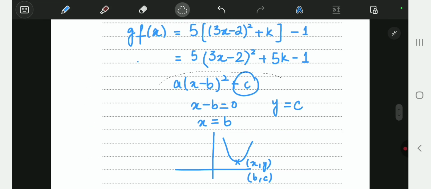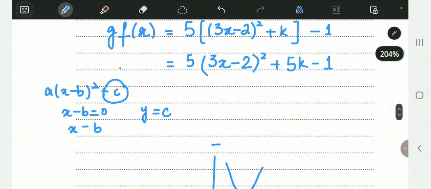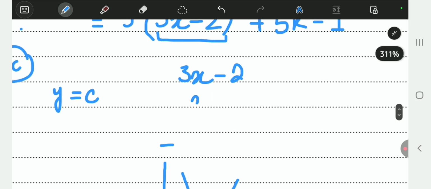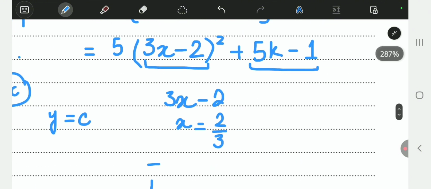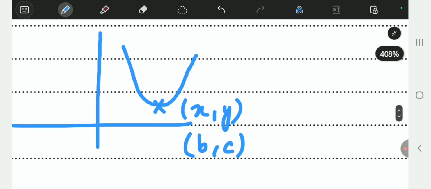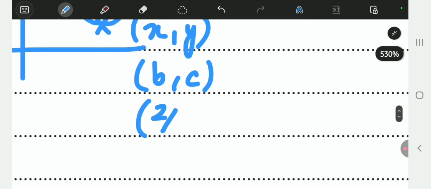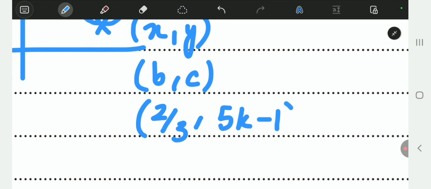Now in our equation, if we put 3x minus 2 equals 0, it gives the x coordinate, so x equals 2 over 3, and the y coordinate is 5k minus 1. So the vertex is (2 over 3, 5k minus 1).